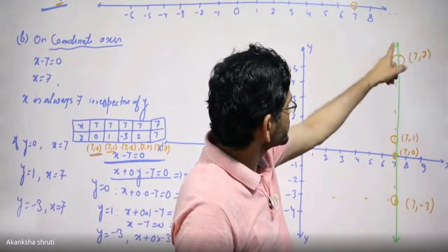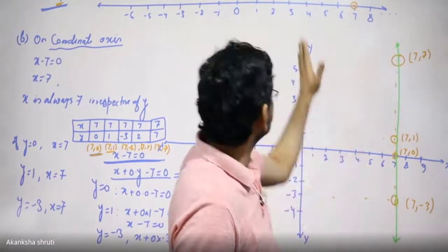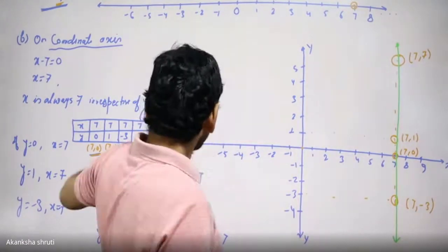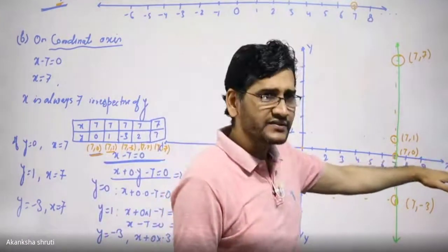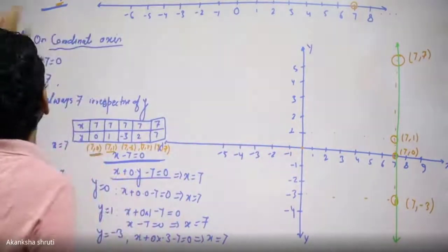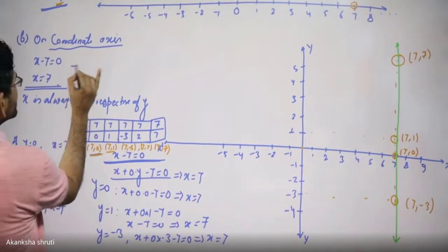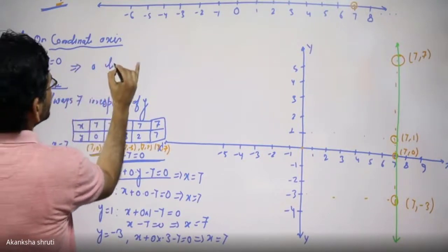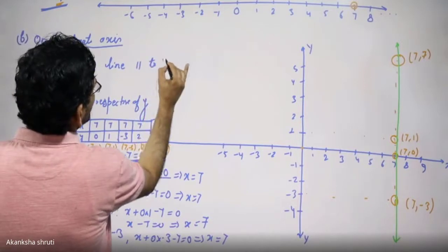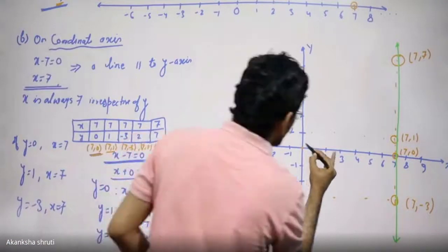X equals 7 represents a line which is parallel to the y-axis and perpendicular to the x-axis. Okay, so a simple thing we have to keep in mind. So what is this? It will represent a line parallel to the y-axis at a distance of how much, students?